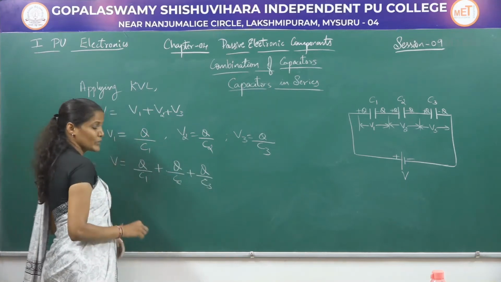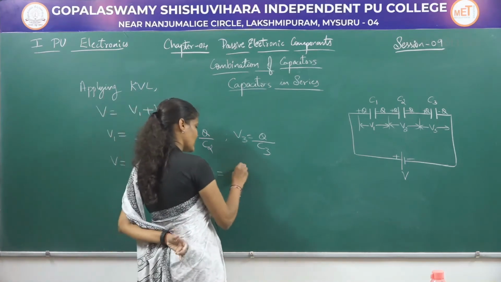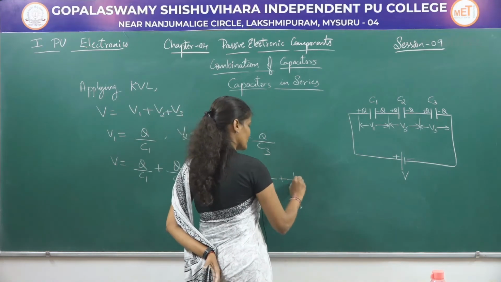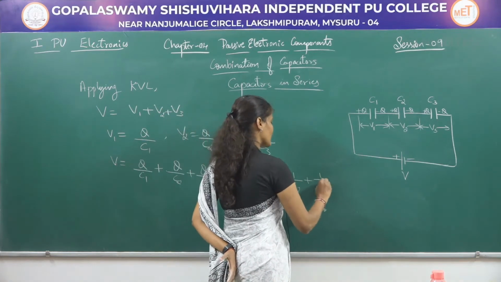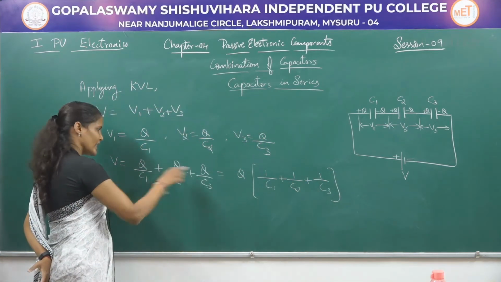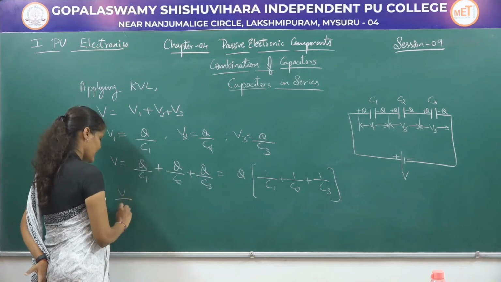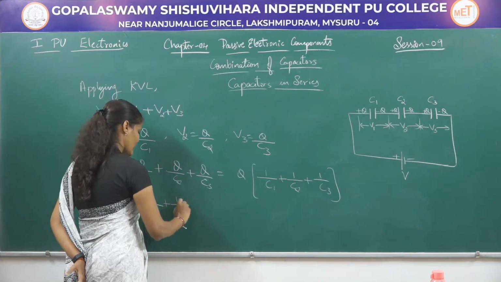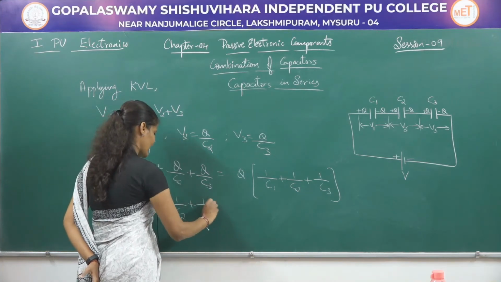In all of these expressions, if I take Q as the common factor, then I will be left with 1 divided by C1 plus 1 divided by C2 plus 1 divided by C3. Let us cross multiply this V and this term. V divided by Q is equal to 1 divided by C1 plus 1 divided by C2 plus 1 divided by C3.